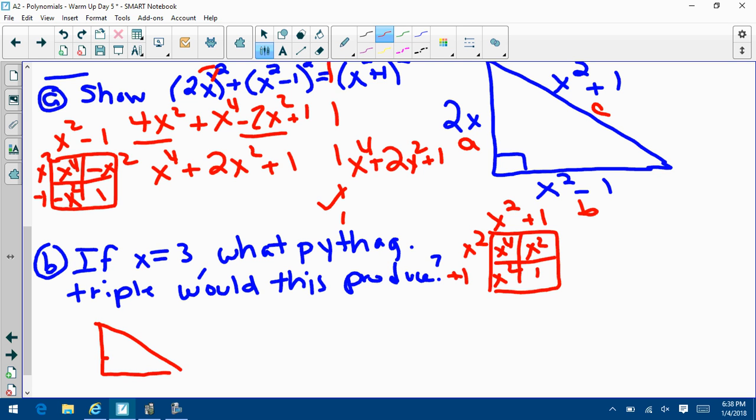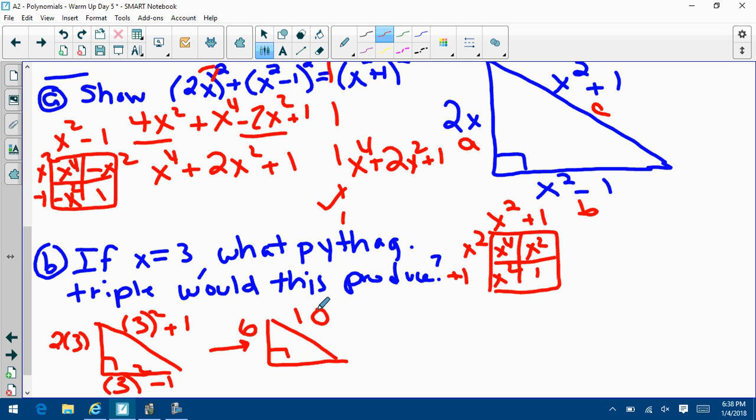So if x is 3, this side would be 2 times 3. This side would be 3 squared plus 1. And this side would be 3 squared minus 1. So that would make the Pythagorean triple 6. 9 plus 1 is 10. And 9 minus 1 is 8. So I would say my answer is 6, 8, 10.